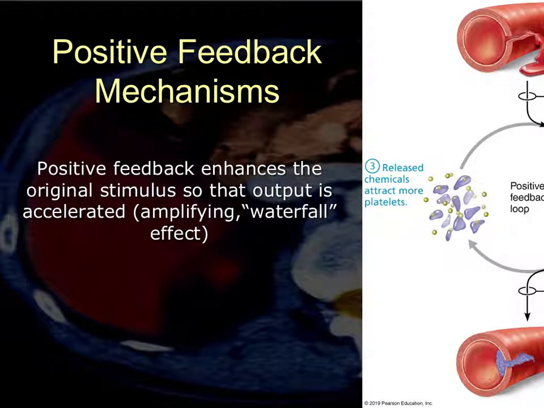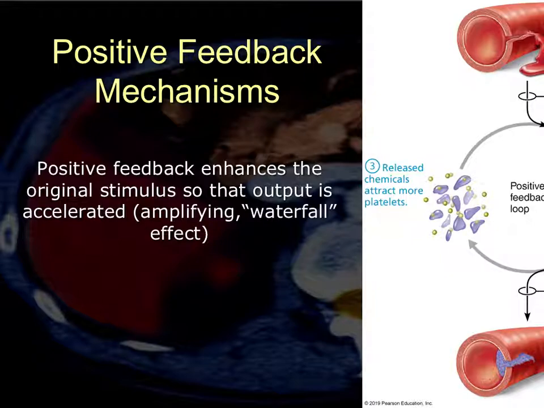Any other examples of positive feedback you guys know about? Labor. Okay, so this one's cool. So labor starts, you get contraction. When you get a contraction, that baby's head starts moving closer to the cervix, closer to the bottom. When that baby's head pushes on the cervix, it causes hormones to be released that go back and cause more contractions.